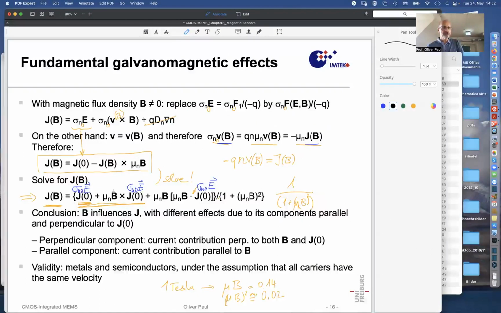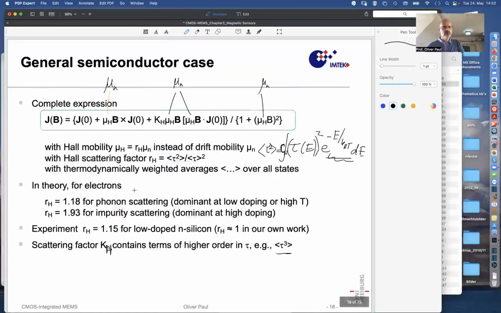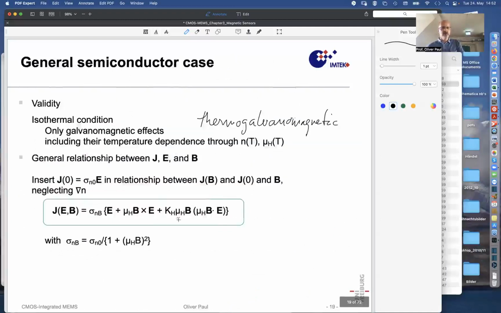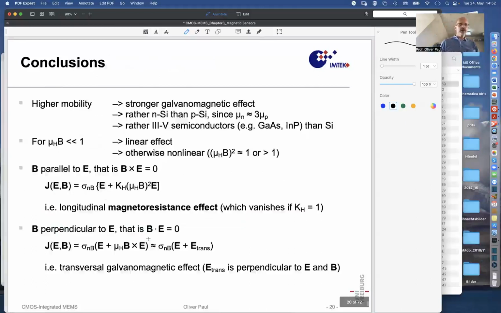And then we have E instead of J0. This is what you have here, and we have these additional correction factors implemented. So this is the general equation, and the sigma of B is sigma 0 divided by 1 plus mu H B squared in this approximation.